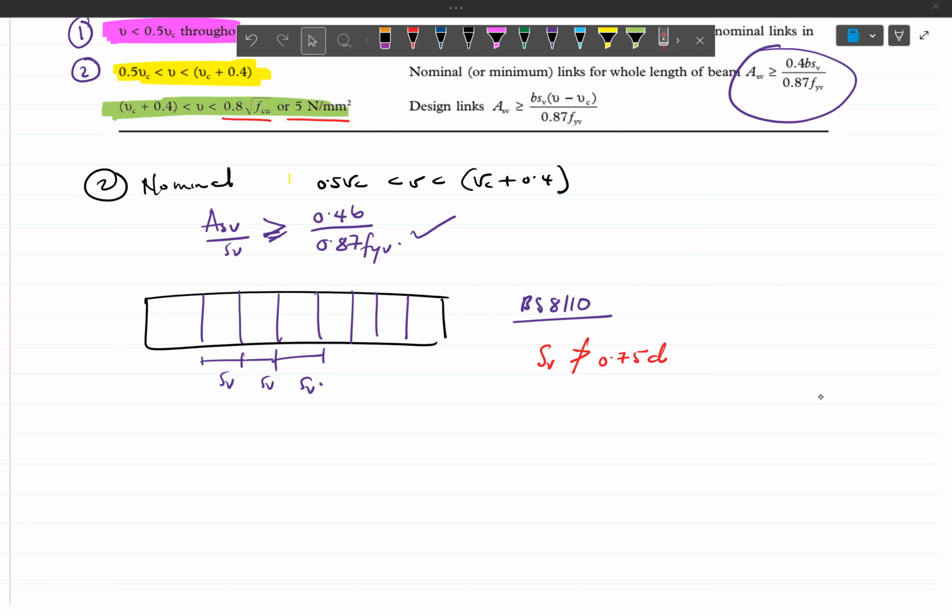So whatever spacing that you choose for your effective depth, it should not exceed 0.75 D. Okay. Now let's play around with some examples. Just look at some examples and then we'll see.